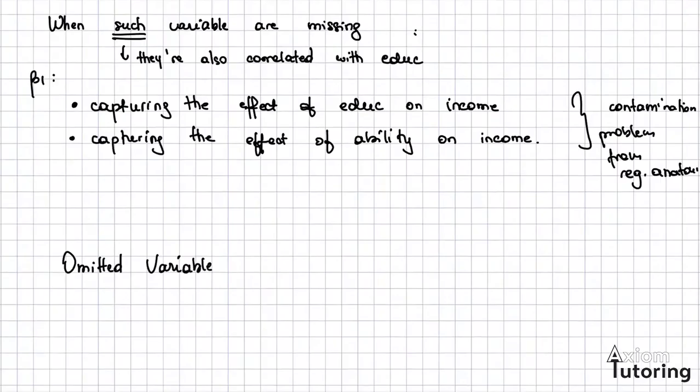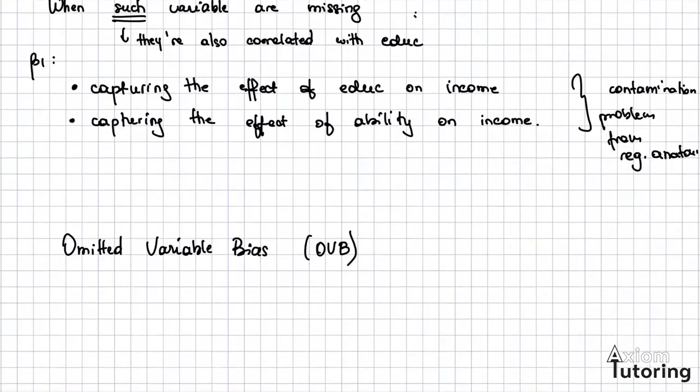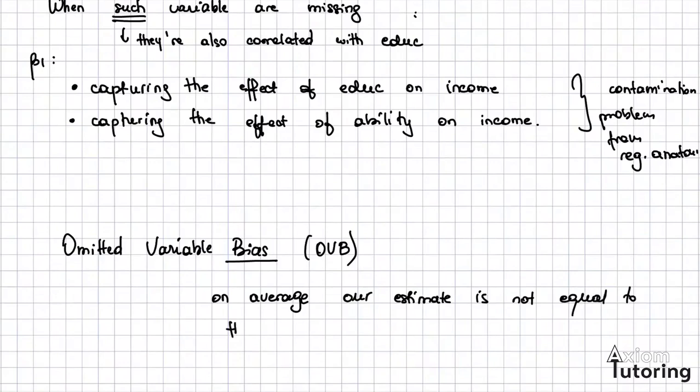which most of the time you're going to see me using the abbreviation OVB. What this bias means for us is that on average, our estimate is not equal to the true beta 1.